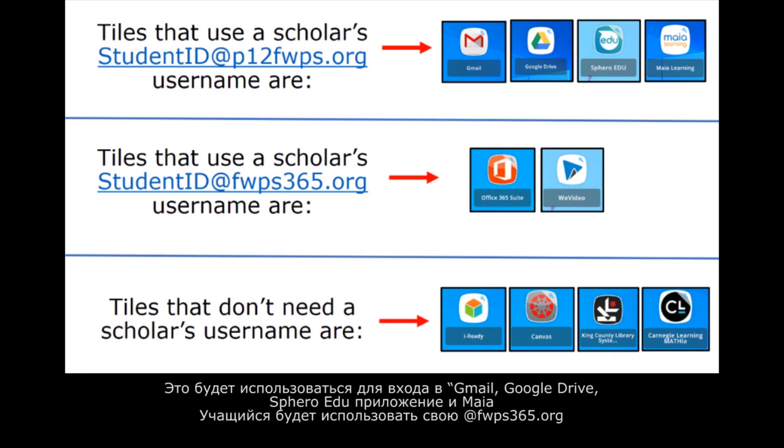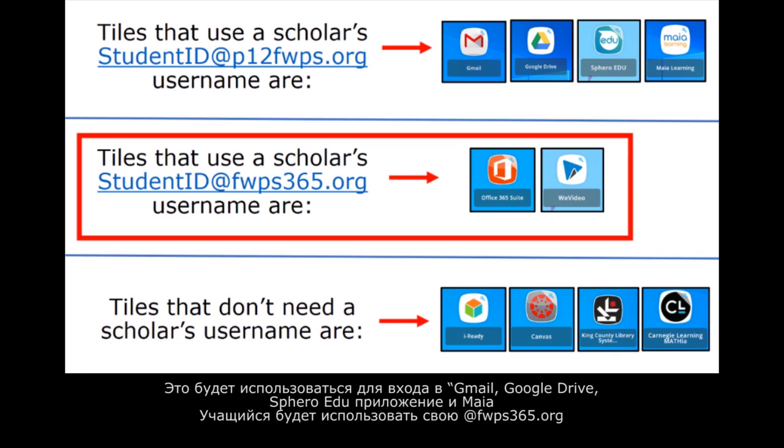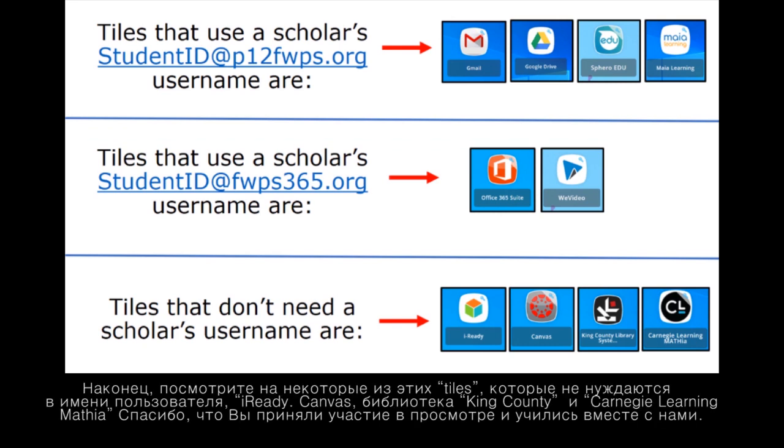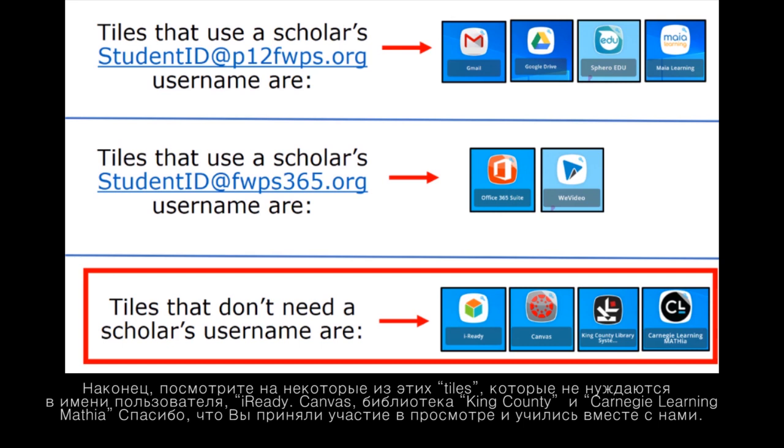Scholars would use their fwps365.org email to sign into tiles such as Microsoft Office 365 and WeVideo. Finally, look at some of the tiles that don't need a scholar username at all: iReady, Canvas, the King County Library System, and Carnegie Learning Mathia.